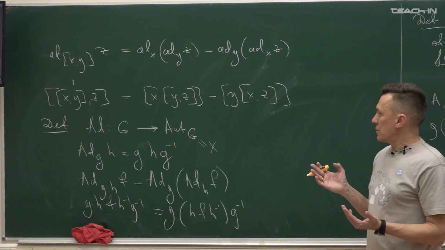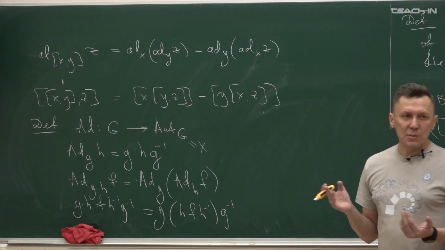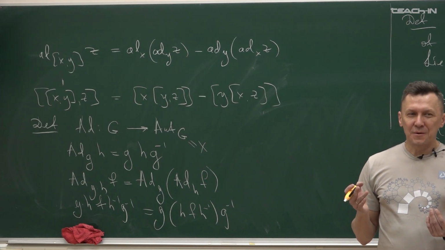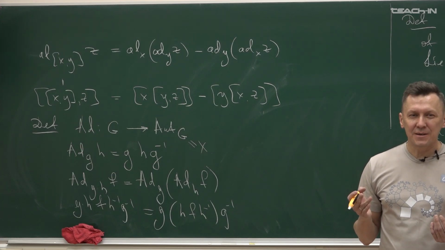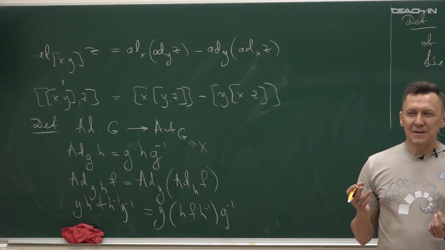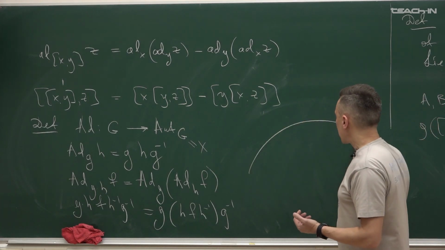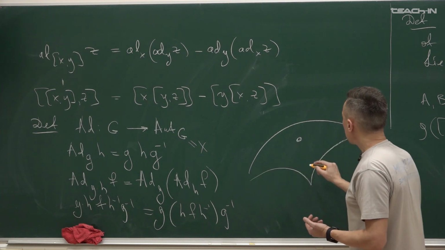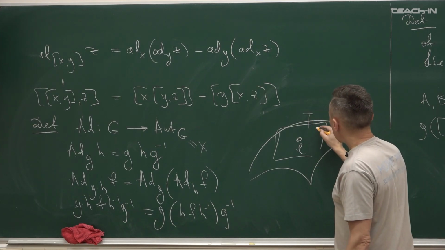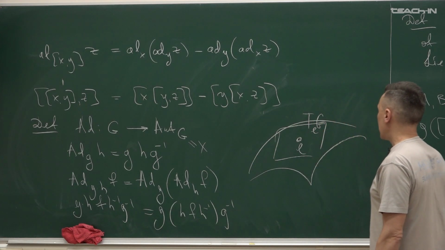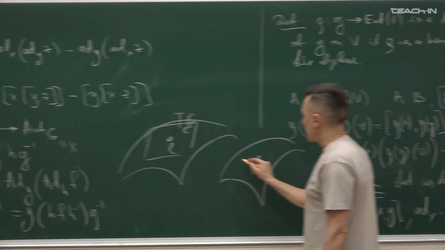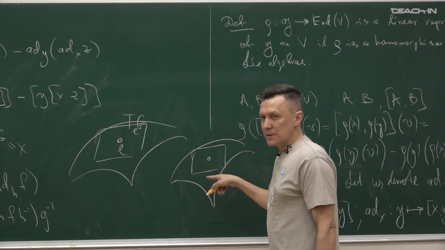Now we have to remind what is the relation between the Lie algebra and the Lie group. Do you remember? How are they related? The tangent space at the unity. Yes, the tangent space at the unity, here it is T_e G. I like to draw another copy of our group, but it is the same group.